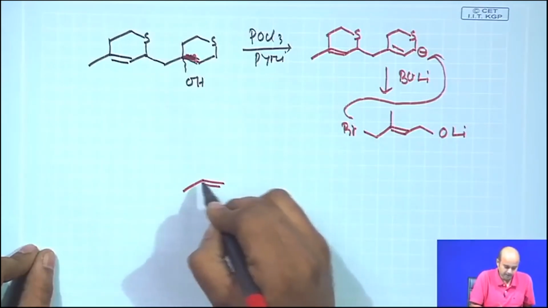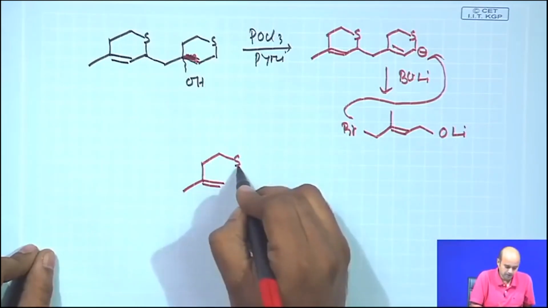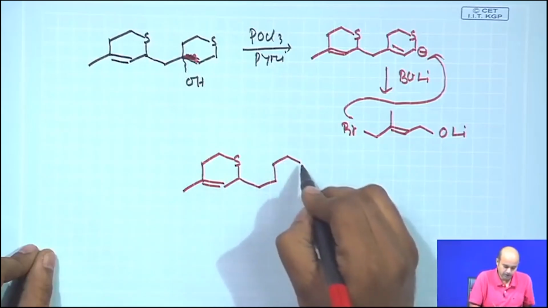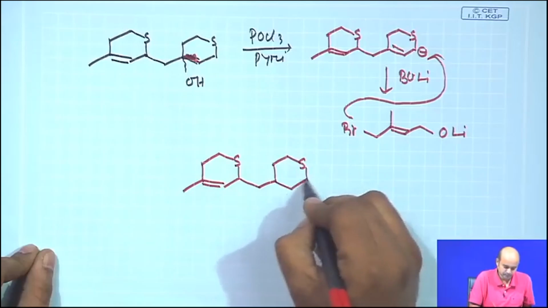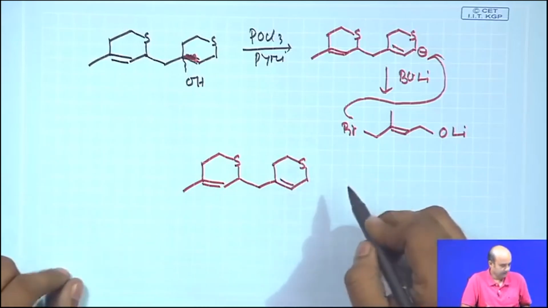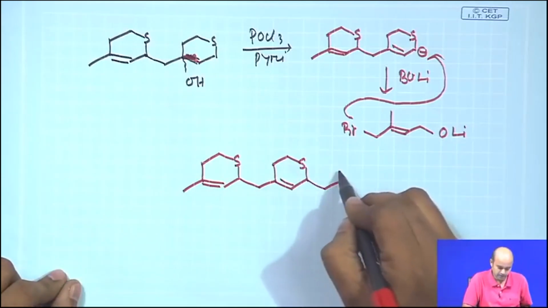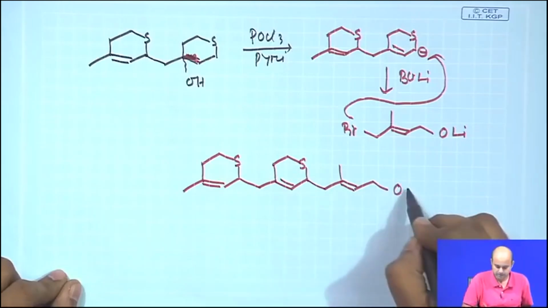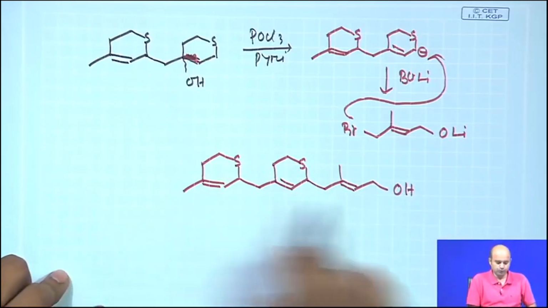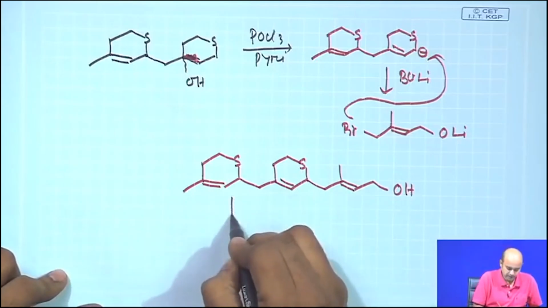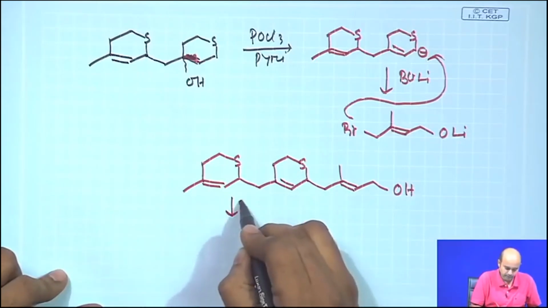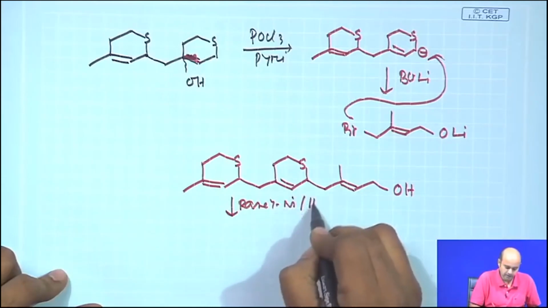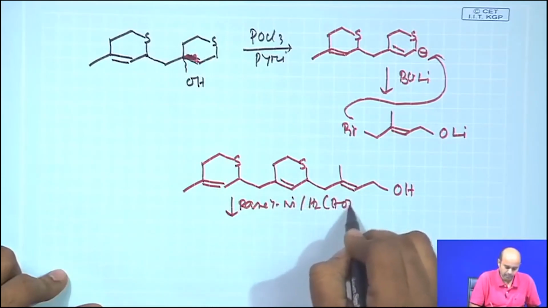You basically get the simple electrophilic addition product. Okay, the electrophilic addition product here you can quench with this. So, you are almost close, fine. You do this Raney-Nickel treatment, Raney-Nickel, hydrogen or ethanol.